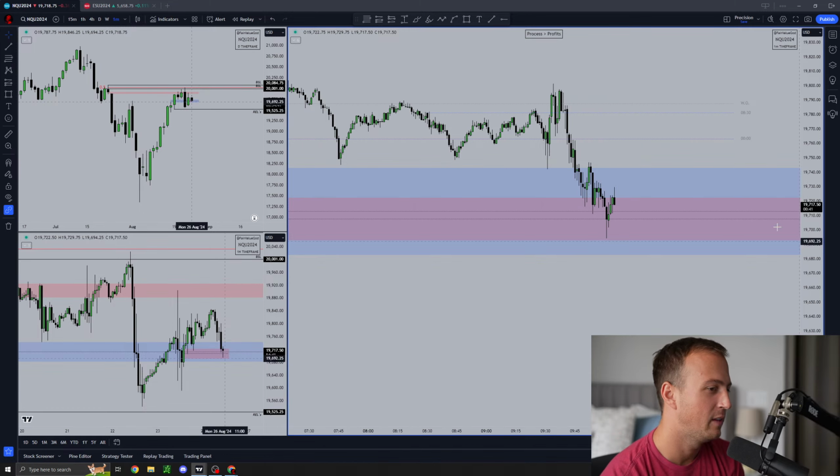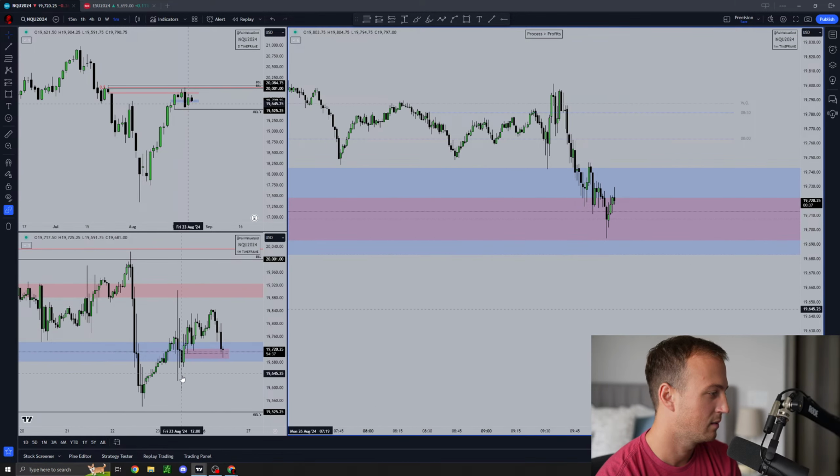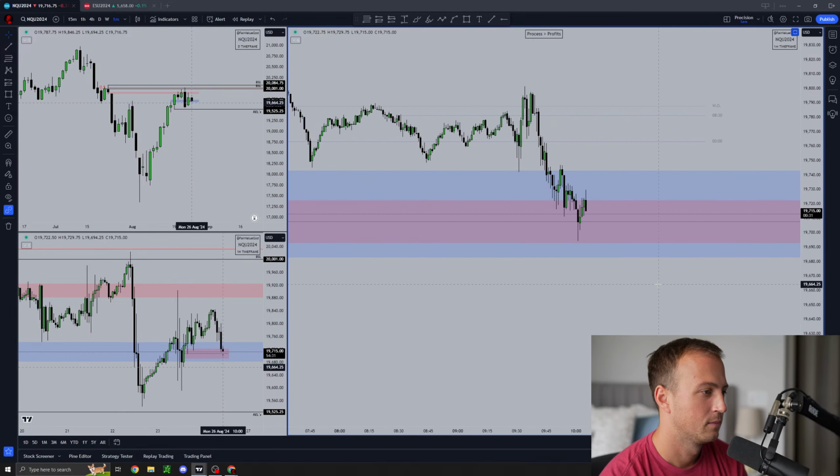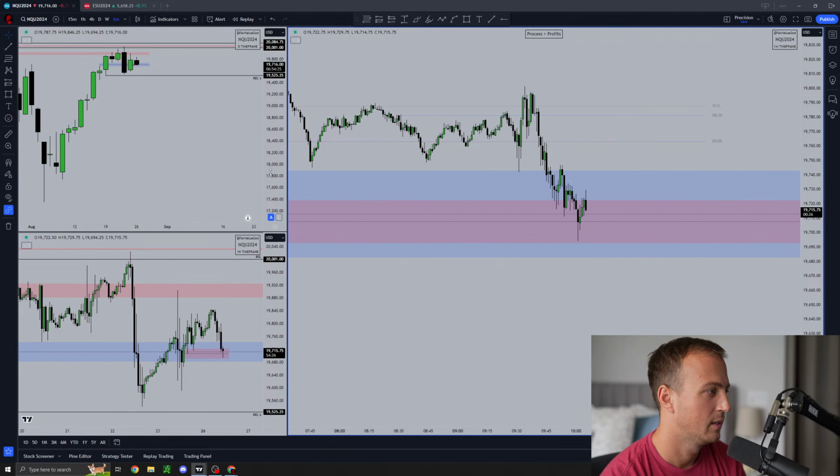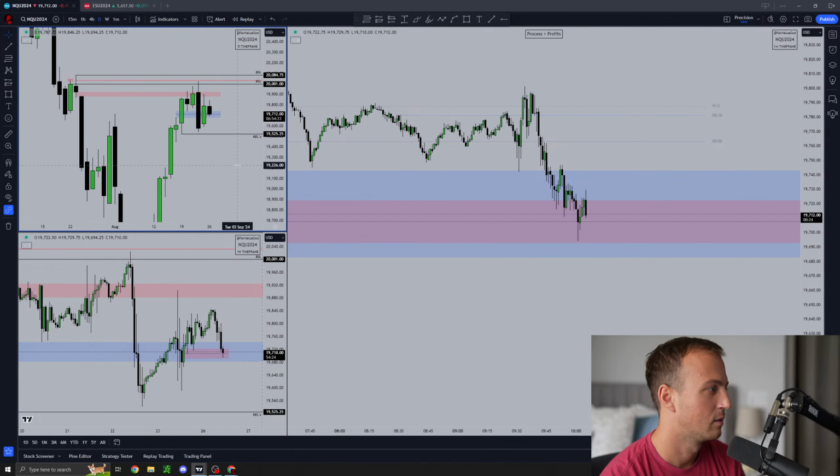If we disrespect the 15-minute imbalance, then I'm thinking lower prices, or at least get down to maybe half of this wick here on the hourly. But so far, just kind of coloring in inside this daily imbalance.